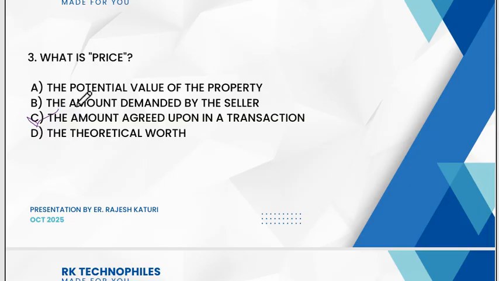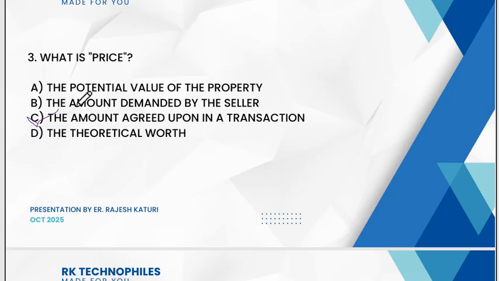Why not A and why not B and D? Potential value is estimated, not actual sale. Option B, the amount demanded, is actually the asking price, not the final transaction.